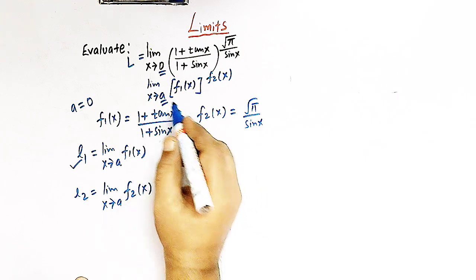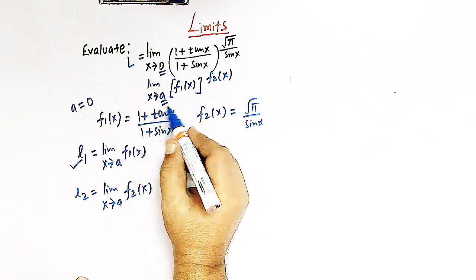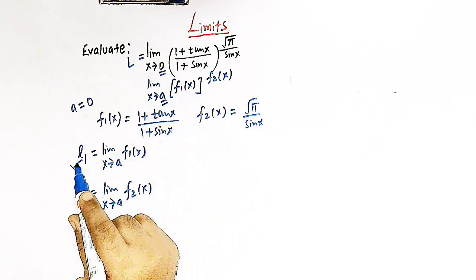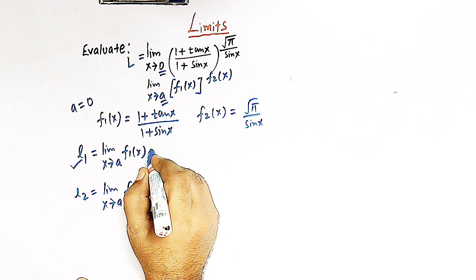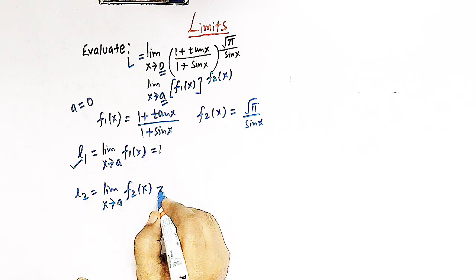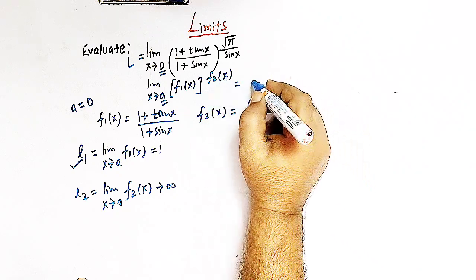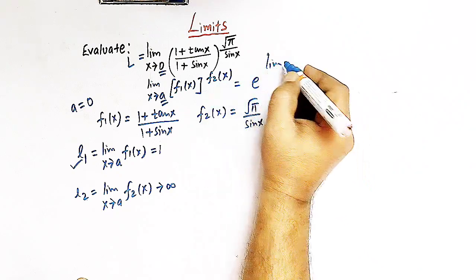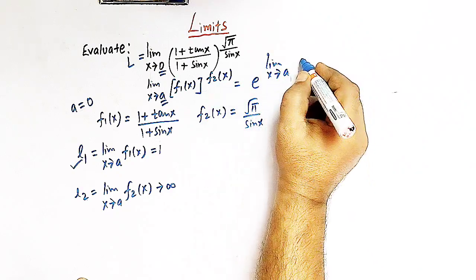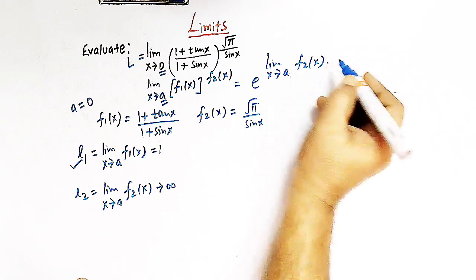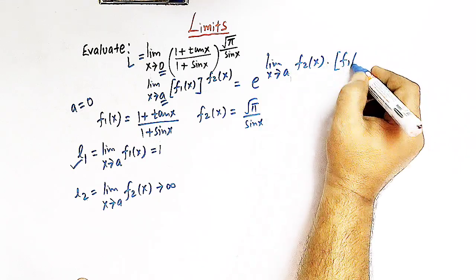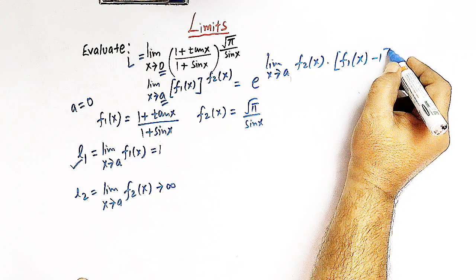So we have just seen that whenever we have a limit of this sort, where L1 is equal to 1 and L2 is not defined, then the value of this limit is given by e raised to the limit as x tends to a of f2(x) multiplied by (f1(x) minus 1).